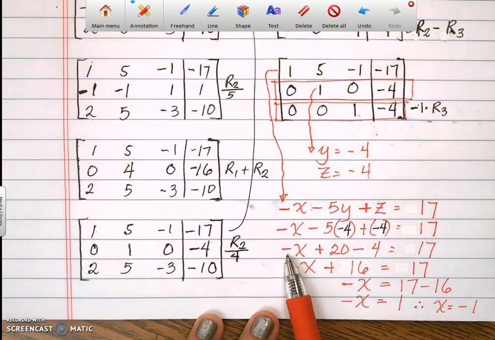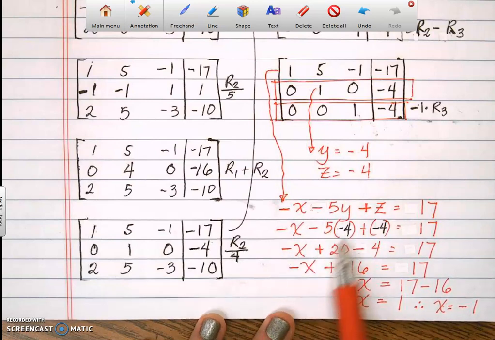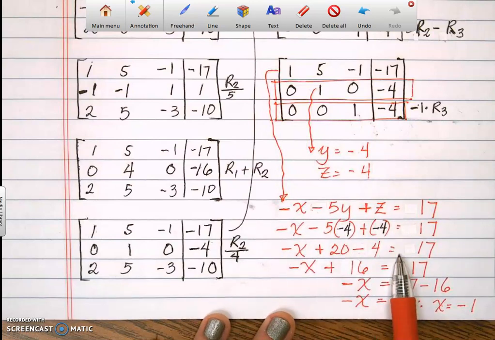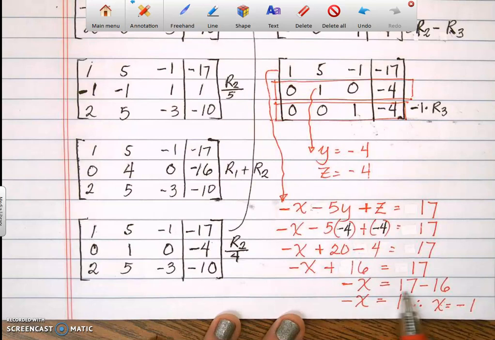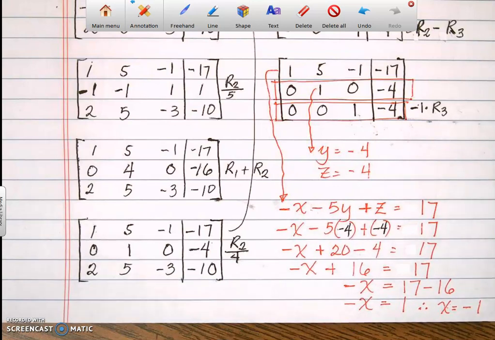So balancing the equation, negative x, this becomes positive 20, this is negative 4 equals 17. So now negative x plus 16 equals 17, negative x is equal to 17 minus 16, which negative x is equal to 1, which therefore x is negative 1.